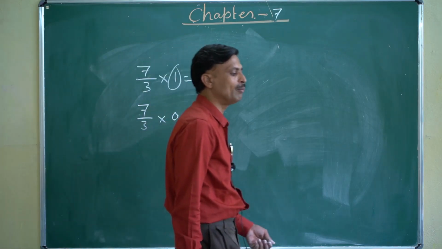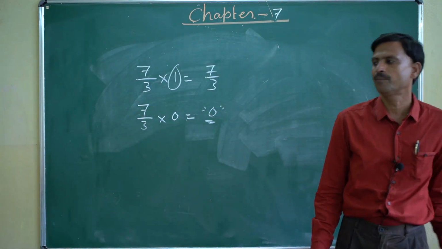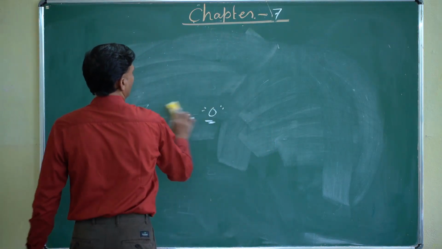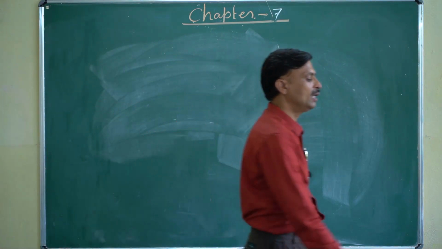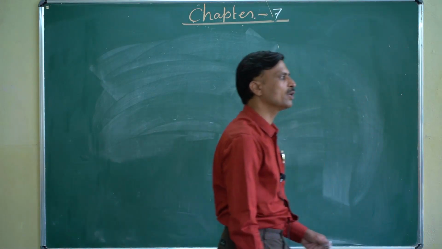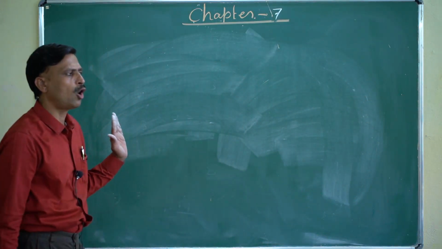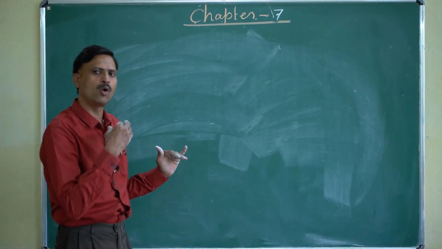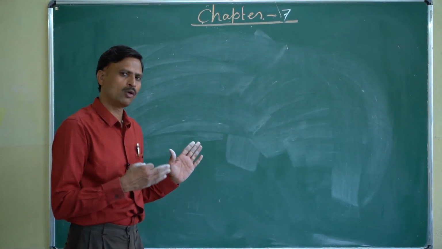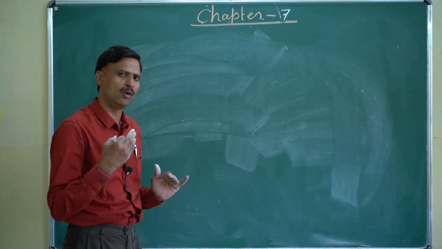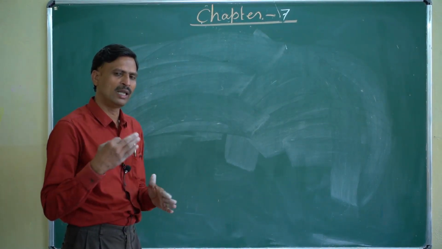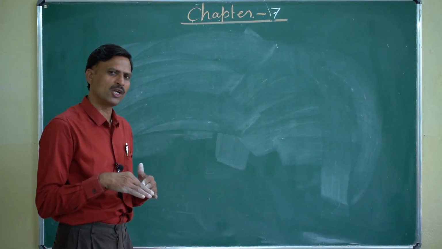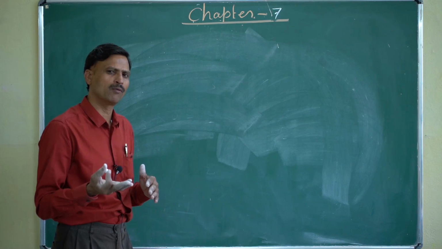What is the meaning of the multiplicative inverse of a fractional number? If there is any fractional number, what is its multiplicative inverse? Remember this. If the product of a fractional number and a whole number is 1, then the whole number will be the multiplicative inverse of the fraction, and the fraction will be the multiplicative inverse of the whole number.